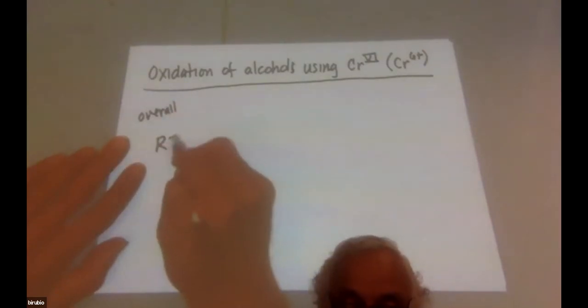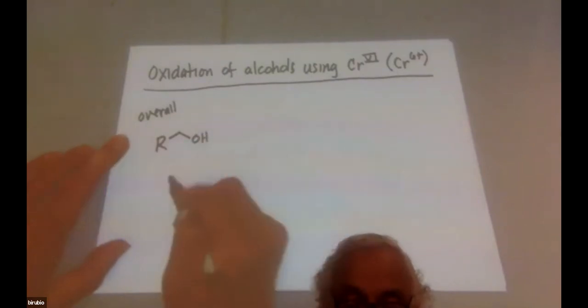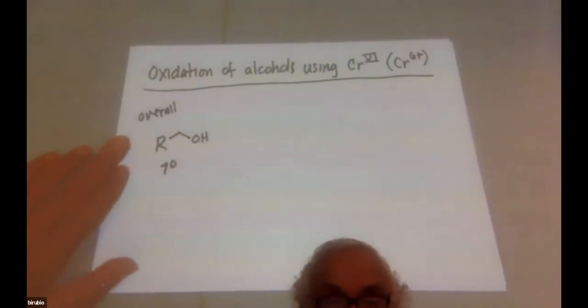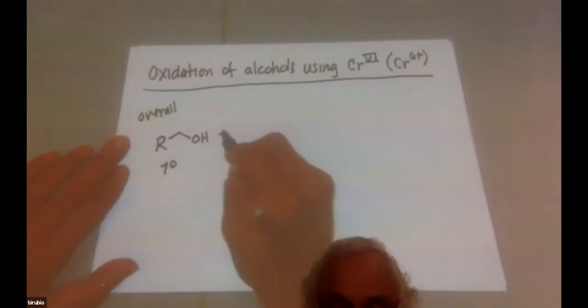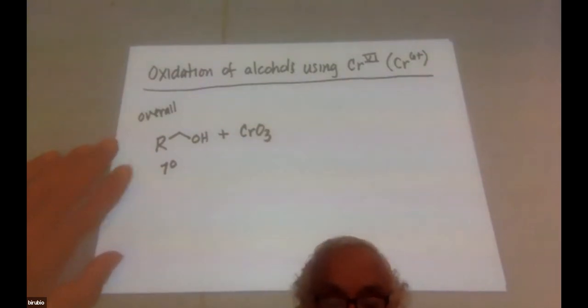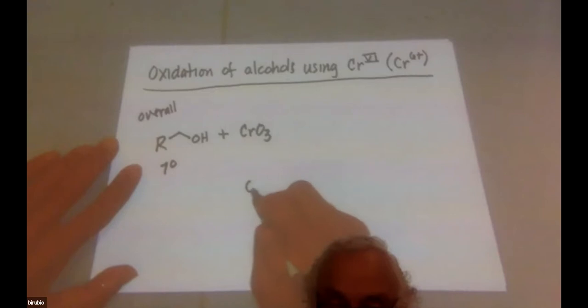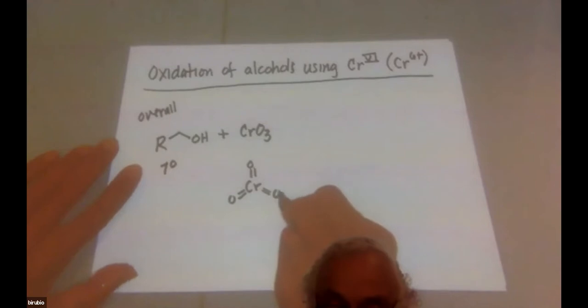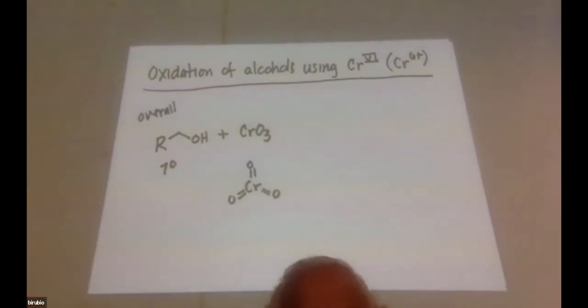If we start with a primary alcohol, react that with chromium trioxide, the Lewis structure of chromium trioxide is that. We see that this chromium trioxide is highly, highly oxidized. Look at all of those bonds to oxygen. So it's very difficult to oxidize CrO3 because it's already in a very highly oxidized state.